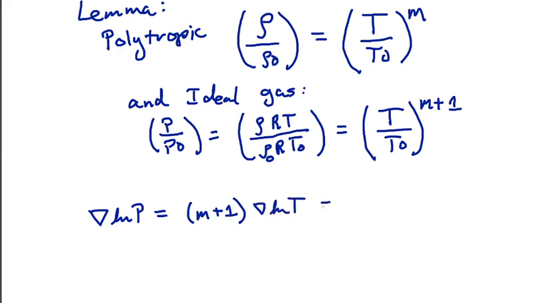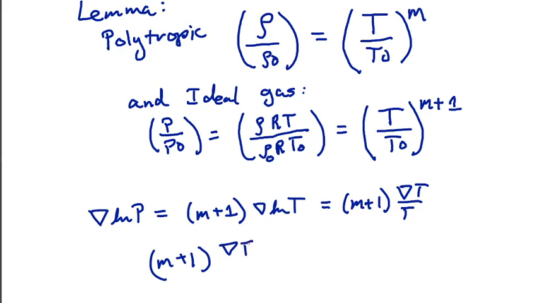And the logarithmic temperature gradient is just the gradient of T over T. Now we can take that m plus 1 grad T over T, and this is equal to hydrostatic balance, minus G vector over RT.